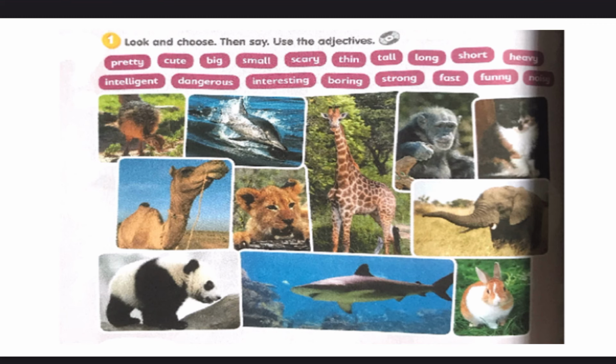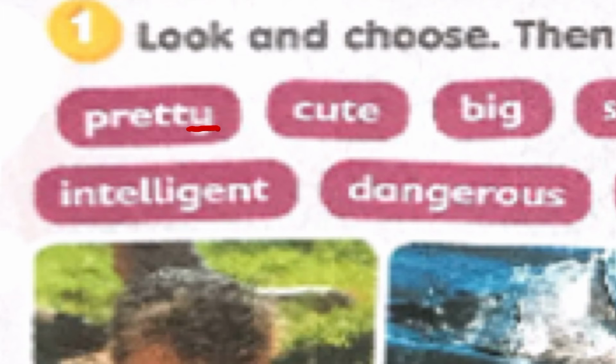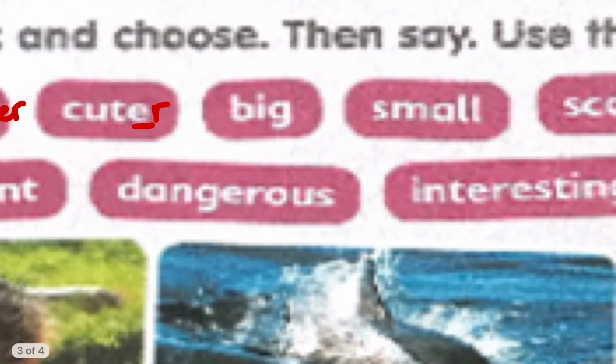What about pretty? The end of the word is Y, so it becomes prettier than. Next one, cute. You just need to add R at the end, so cuter than. Next one, big, it becomes bigger than.